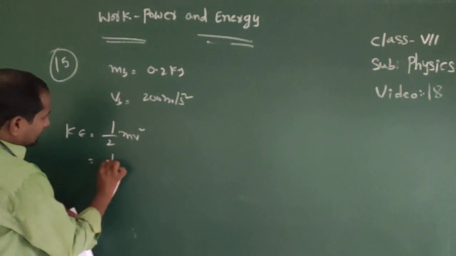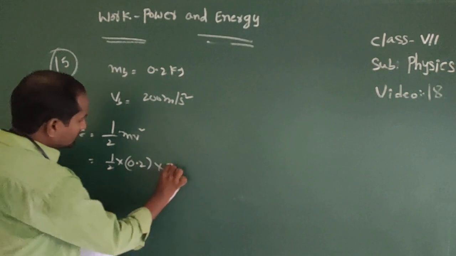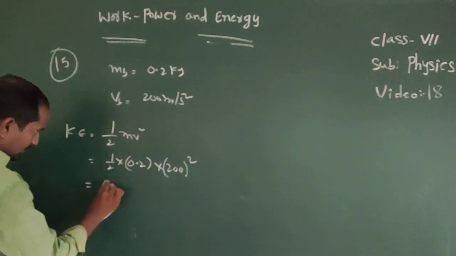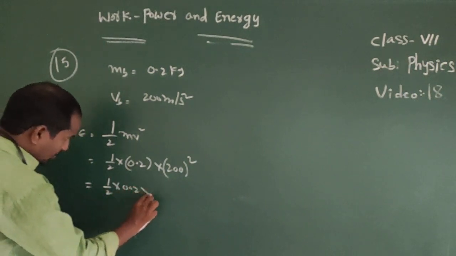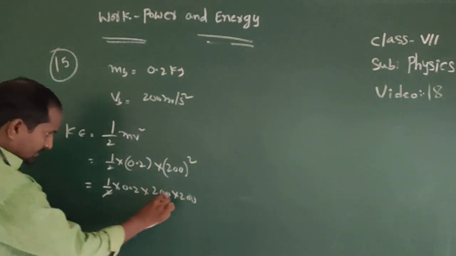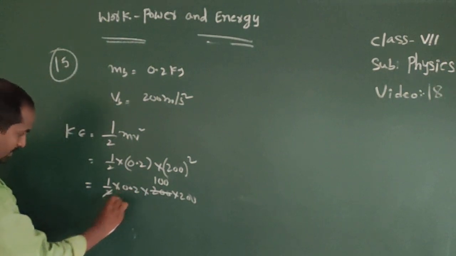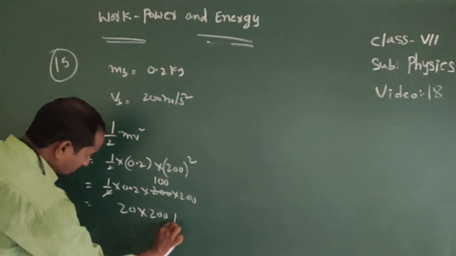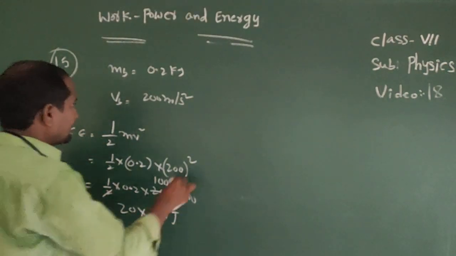Half into 0.2 into 200 whole square. Half into 0.2 into 200 into 200, that is 20 into 200, so 4000 joules. It is kinetic energy of bullet.